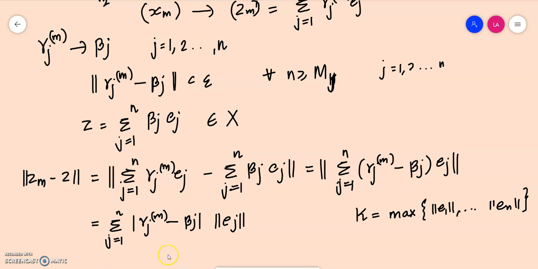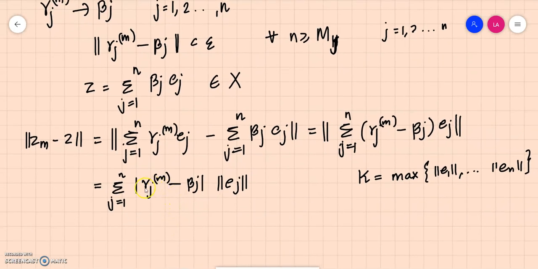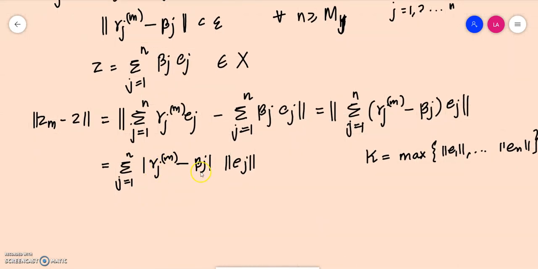Now we already know that gamma_jm converges to beta_j. So the modulus of gamma_jm minus beta_j should be less than epsilon for all m greater than or equal to m_1, m_2, etc., m_n.